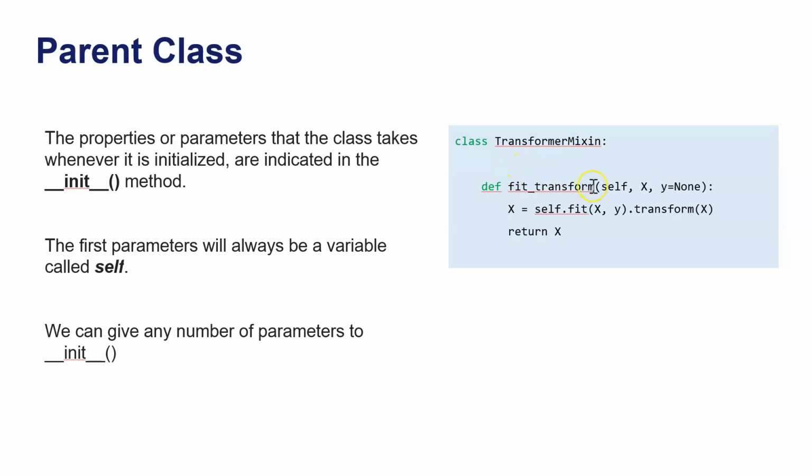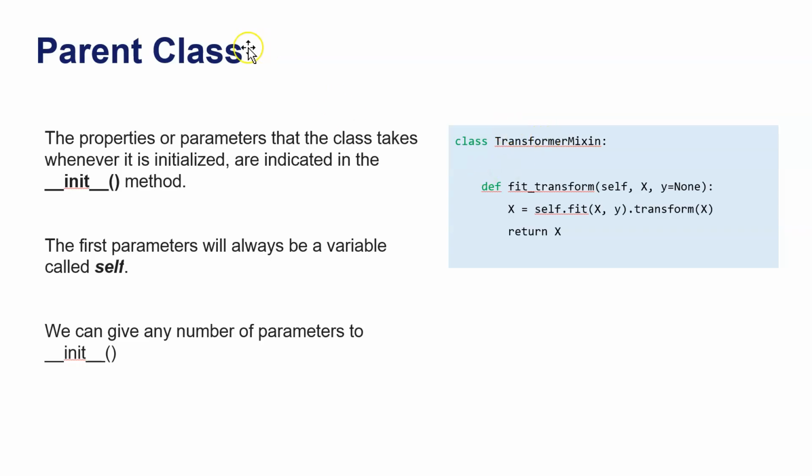This fitTransform method first fits the transformer, whatever it is, to the train set and the target, and then transforms the data frame to obtain the transformed version. And it will return this transformed data as output.